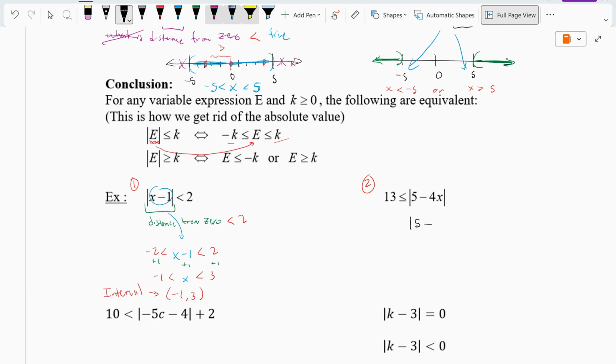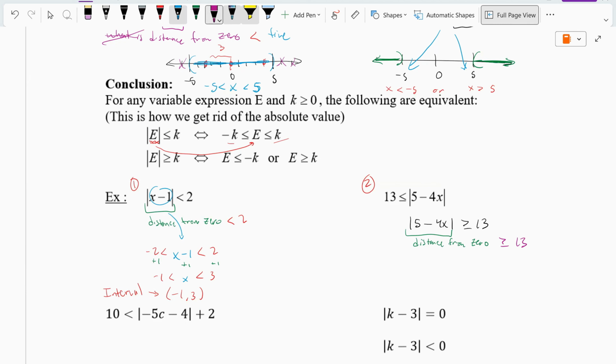Any questions about that? So problem 2, it might be easier to flip this inequality. Absolute value of 5 minus 4x is greater than or equal to 13 is the second scenario. My distance from 0 is large. It's greater than or equal to 13. I'm far away from 0.